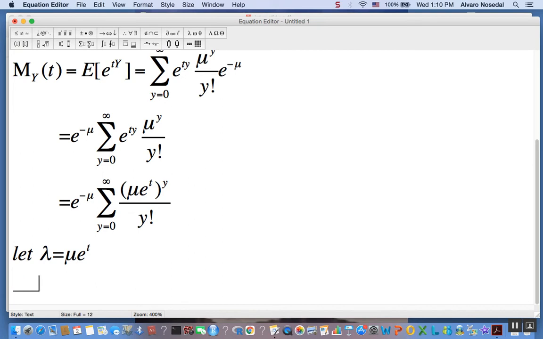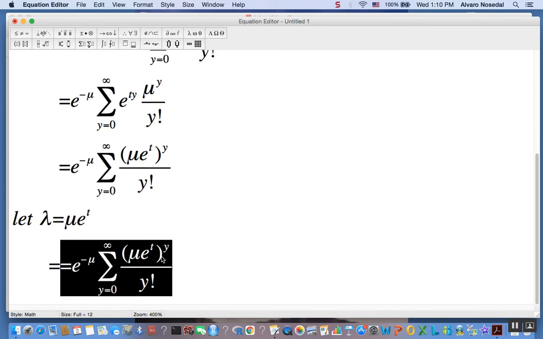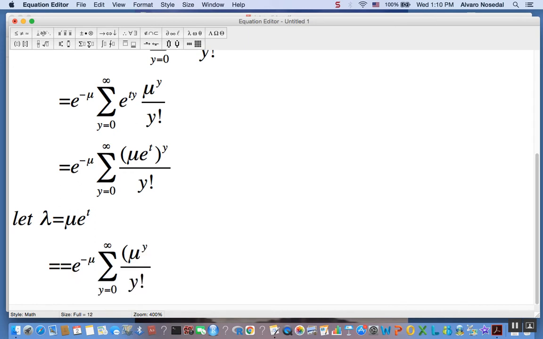Then you'll see what I mean when I say that that changes the perspective we have about this problem. We get lambda to the power of y divided by y factorial.